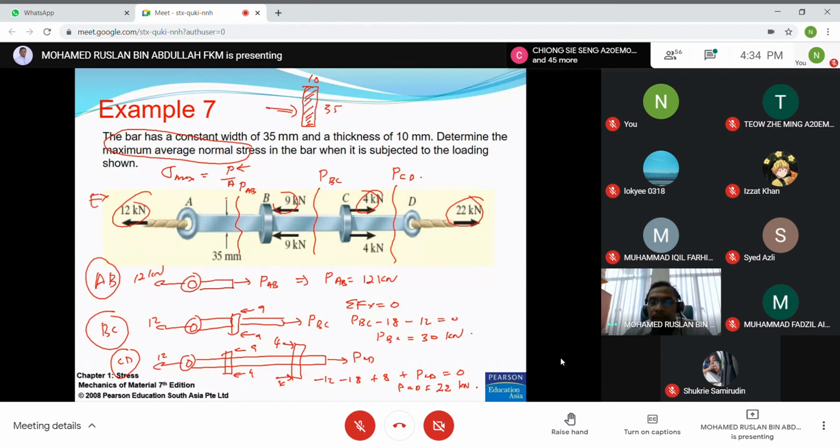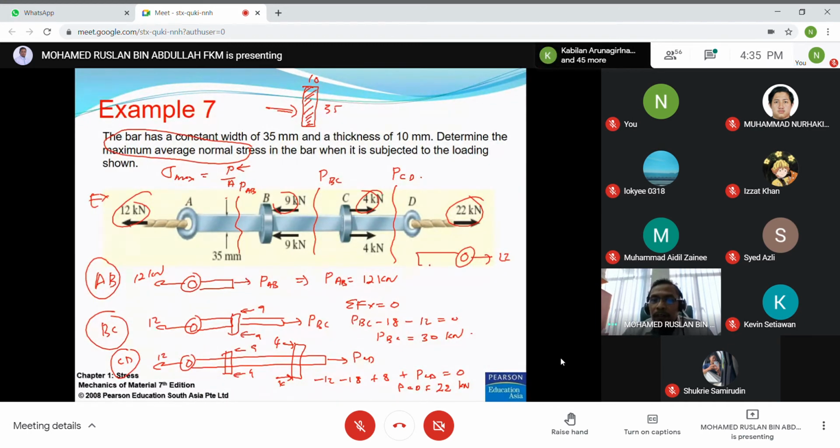Is it correct? Yes, Doctor. PCD equals 22 kilonewton. This is if you choose the left hand side. If you choose the right hand side, automatically you know this is 22.